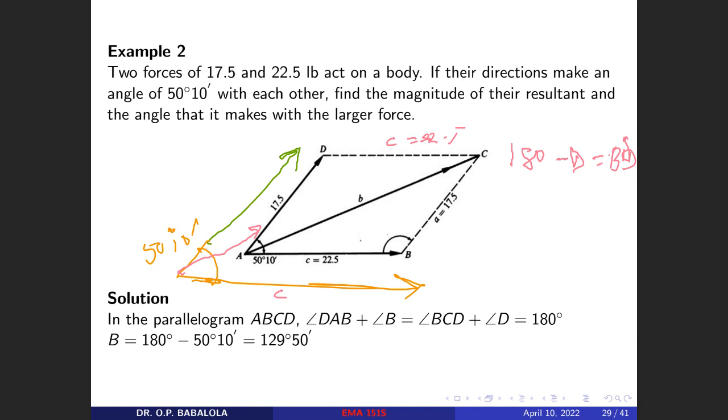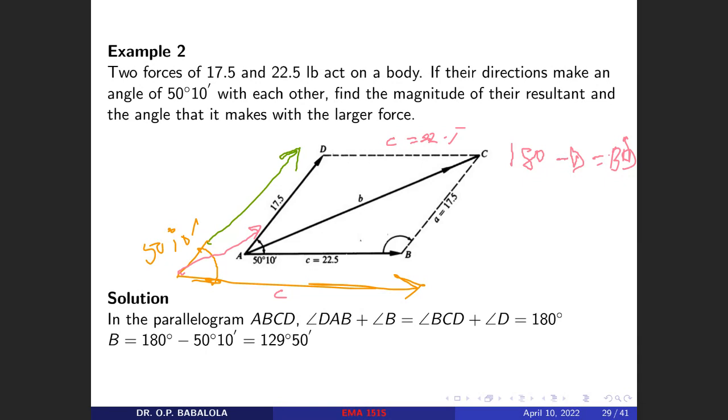So this is a force A, and this is the second force C. Force A and force C make an angle of 50 degrees 10 seconds with each other, and that's what I've drawn here. That shouldn't be confusing.